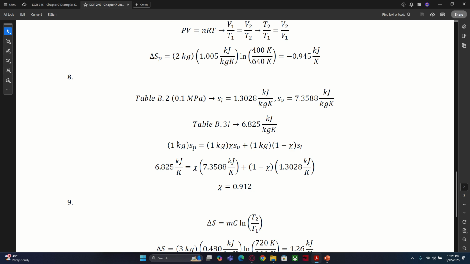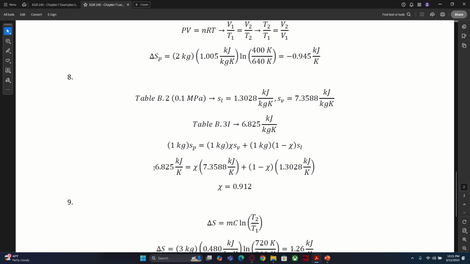So what we have here is our mass times the total specific entropy, S_P, equals the mass times our quality chi times the vapor component of entropy, plus the mass times 1 minus chi times the liquid component of specific entropy, plugging in our values of 6.825 kilojoules per kilogram Kelvin times 1 kilogram. I'm just going to skip to where multiplying by 1 kilogram gets the kilogram in the denominator to cancel out.